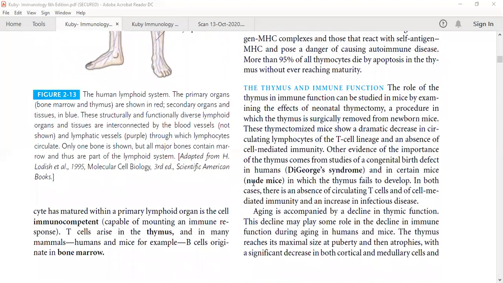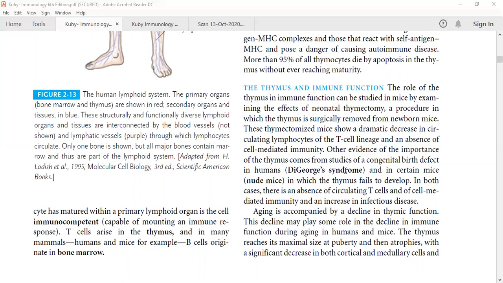We have discussed nude mice in one class. If the thymus is absent or not fully developed, what will happen? The T cell population will decrease in the blood. Ultimately, it will lead to a disease called nude mice in mice and DiGeorge syndrome in humans.